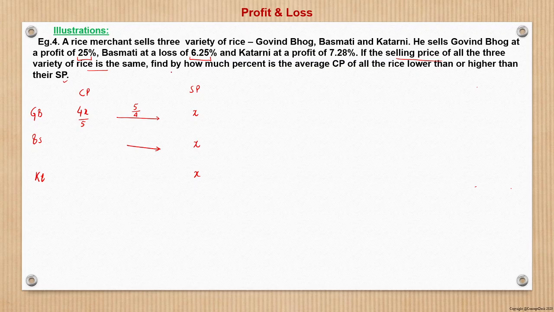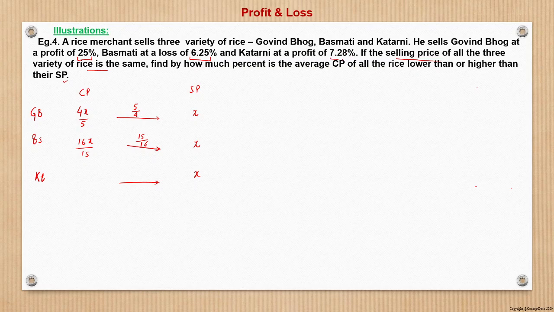So 6.25% is 1 by 16, a decrease of 1 by 16. So essentially this is 15 by 16, because 1 minus 1 by 16 is 15 by 16. So 15 by 16 as a factor is giving me X. So from X I will get the CP as 16x by 15, right?